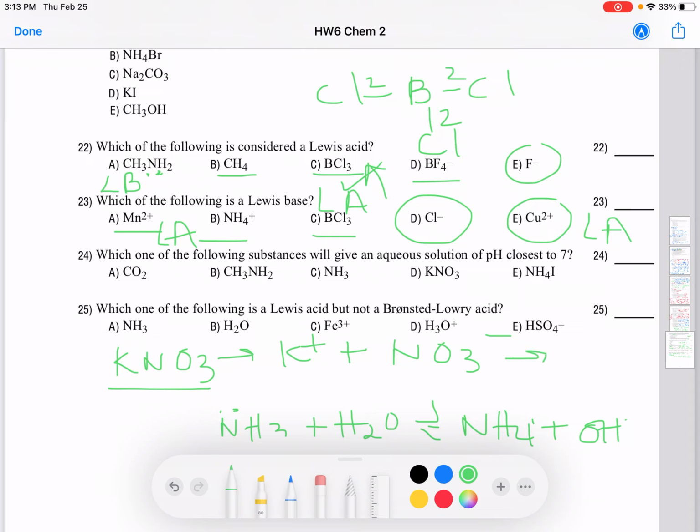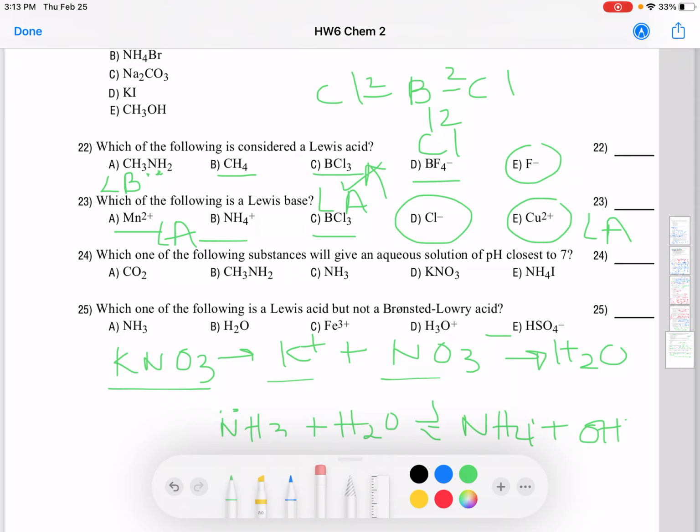Are these going to react with water to any extent? No, because they are strong acids and strong bases. So since they are not going to react with water, their solution is going to be neither acidic nor basic, meaning it's neutral. Neutral is closer to pH 7.